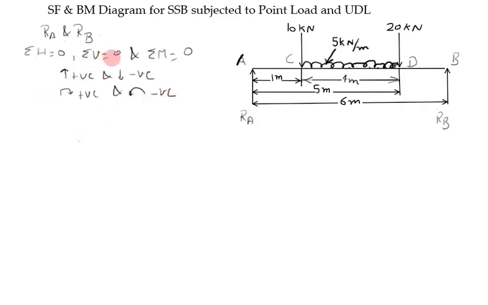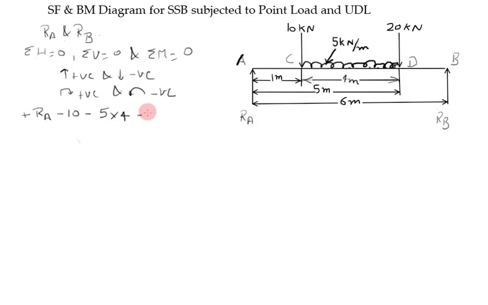So sum of all vertical forces is 0. In this diagram, RA is acting vertically upward, so it is positive. Next is 10 kilonewton acting vertically downward. Next is 5 kilonewton per meter acting on a distance of 4 meter, so total becomes 20.